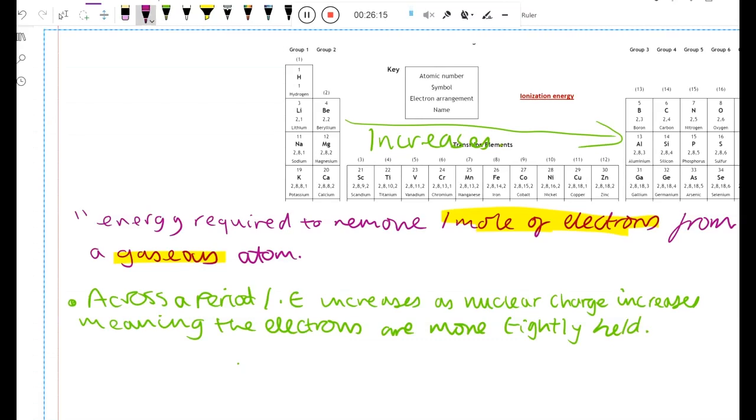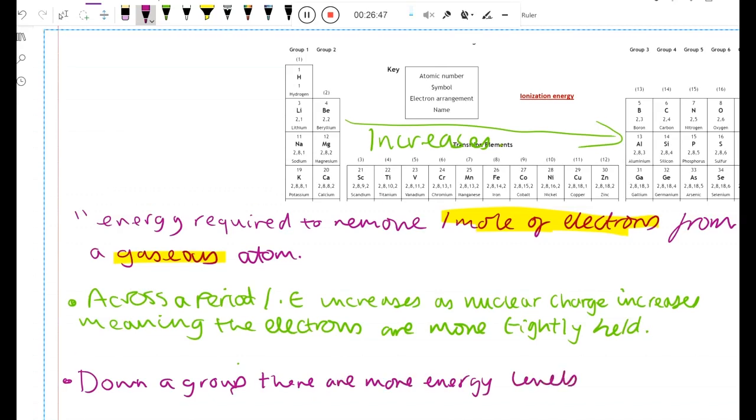As you go down a group, you're adding an energy level. That energy level increases shielding. So down a group, there are more energy levels. So greater shielding.